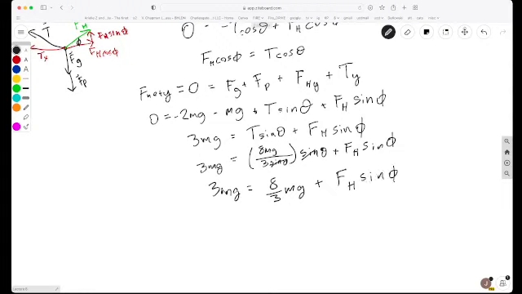Then we can move the 8/3 over here. 3 is 9/3, right? So 9/3 minus 8/3, we'll just get 1/3 mg on this side, equals Fh sine phi.